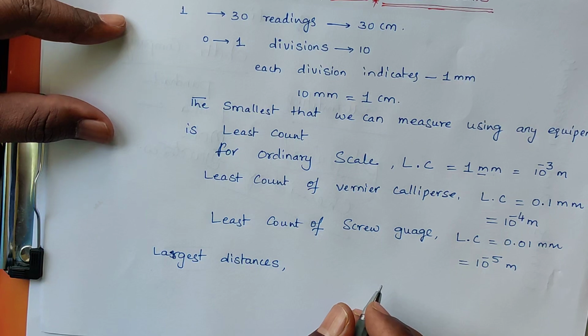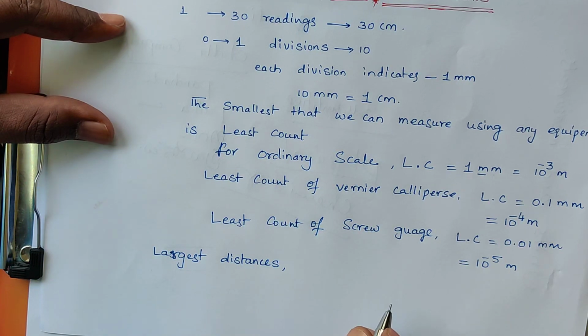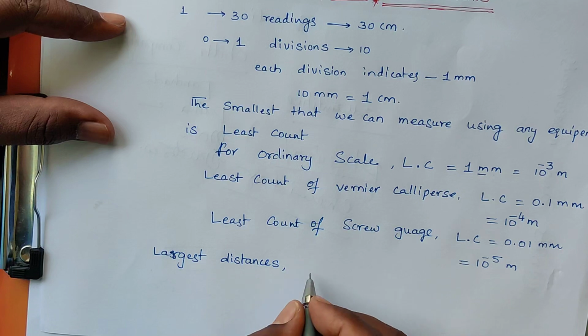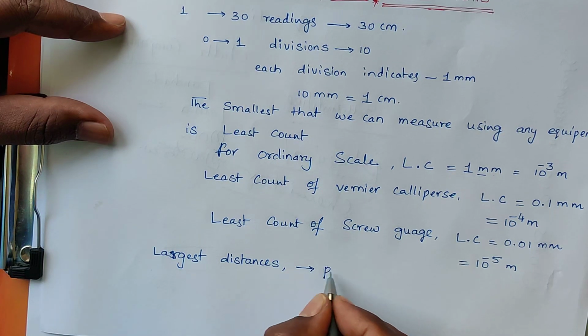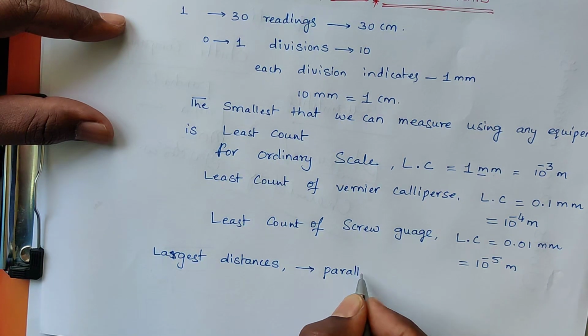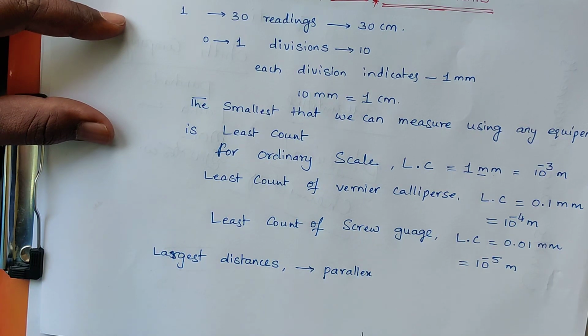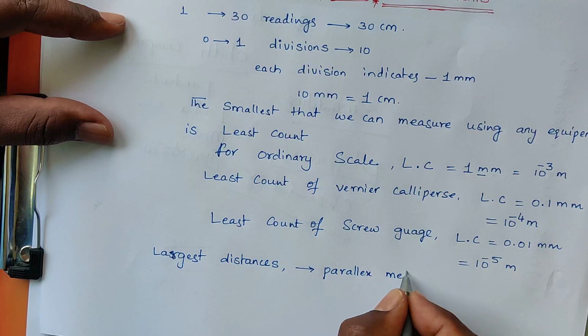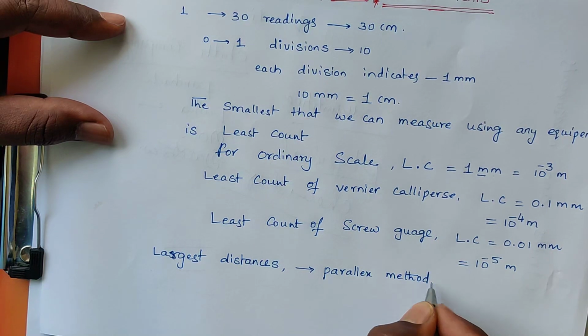In that case we use a separate method to calculate the average distance between earth and sun. The method that we follow here is the parallax method. What is the method used to measure largest distances? Parallax method.